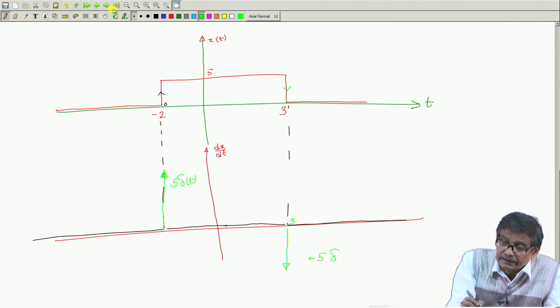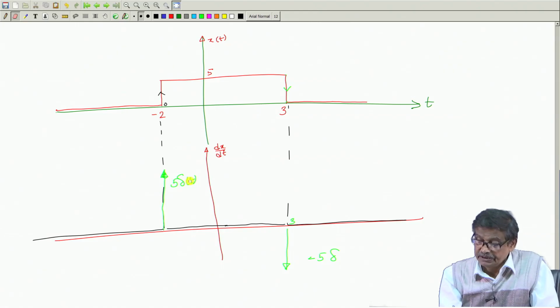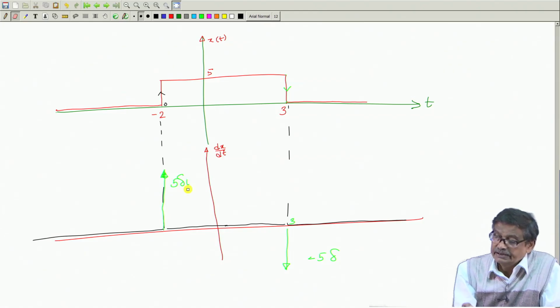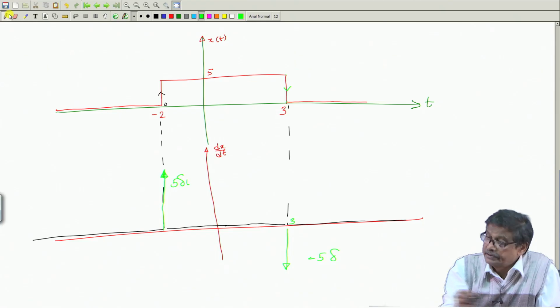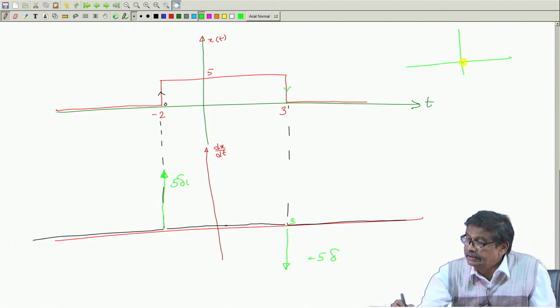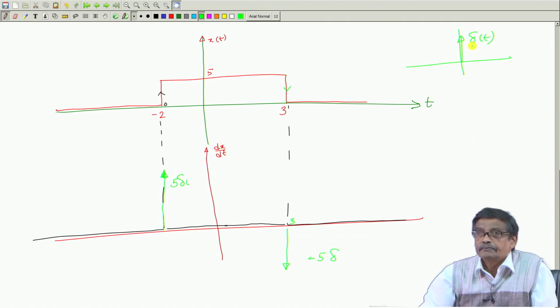This requires a slight modification, because delta(t) is an impulse sitting at the origin. You must understand, delta(t) was sitting at the origin.